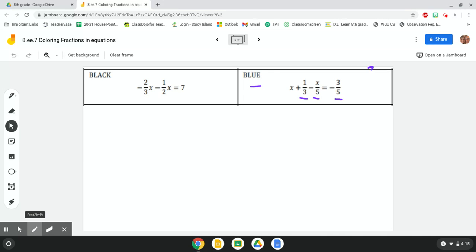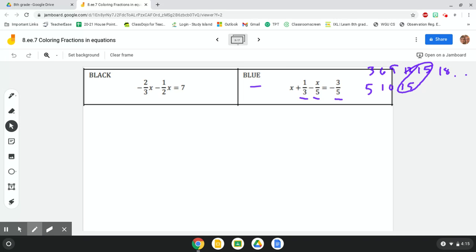So if I were to list the multiples of 3, I would say, okay, 3, 6, 9, 12, 15, 18, and so forth, right? Now, if I did that with 5, so 5, 10, 15, oh, okay, I found one in common. And that's the lowest one in common, okay? So 15 is going to be my least common denominator.